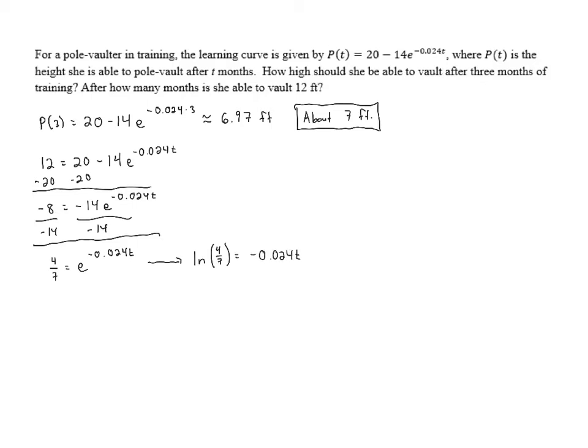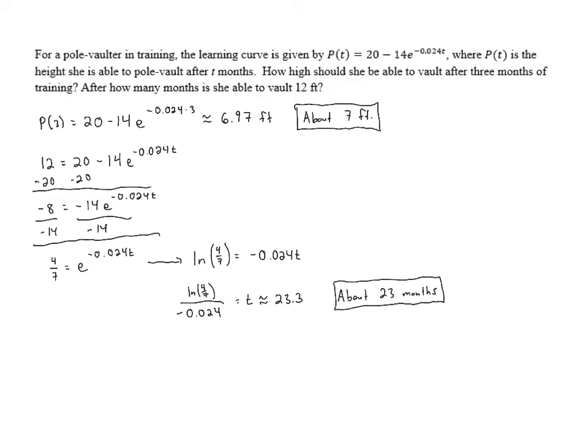To get t alone, we just need to divide both sides by -0.024. So t = ln(4/7) divided by -0.024. If we use a calculator to approximate this, we get approximately 23.3. So it'll take about 23 months for her to vault 12 feet.